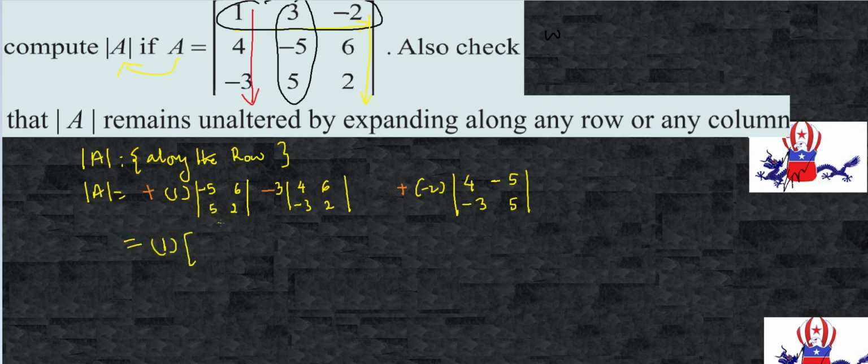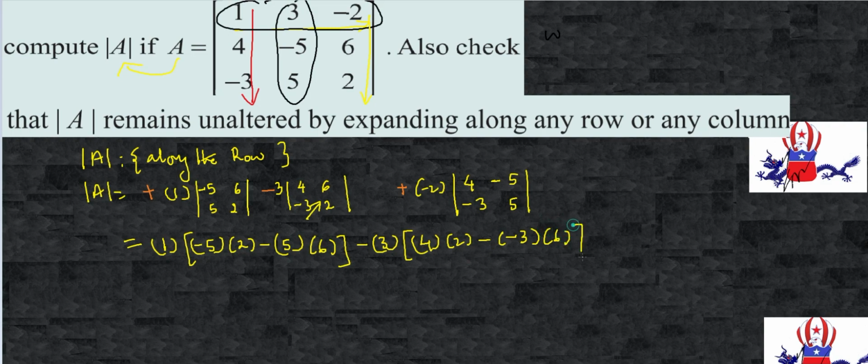So let us now evaluate the determinant. This would give me negative 5 multiplied with 2, with a negative sign there, followed by 5 multiplied with 6. Then we have negative 3, open the parenthesis, 4 times 2, with a negative sign as you go along the left extreme. Already we have a negative 3 there, so that's negative of negative 3 times 6, close the parenthesis. Now we have a positive sign, followed by negative 2, that's the element there.